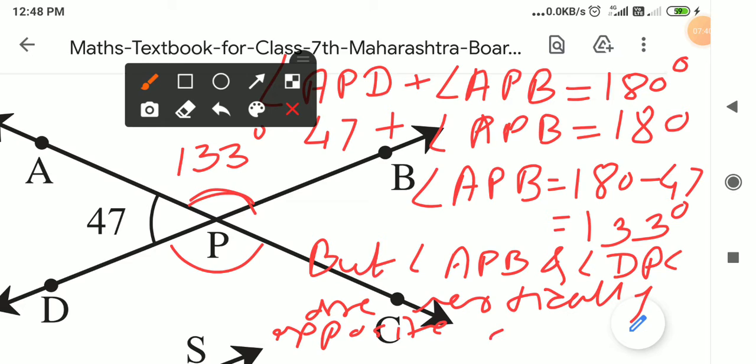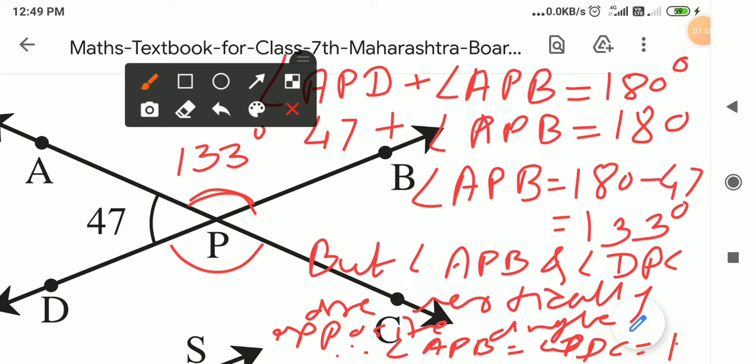Therefore angle APB is equal to angle DPC, which is equal to 133 degrees. And from this, at last you have to write: therefore the measure of angle APB is equal to 133, the measure of angle BPC is equal to 47, and angle CPD is equal to 133.